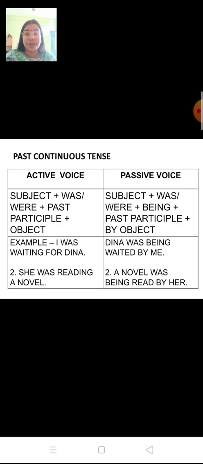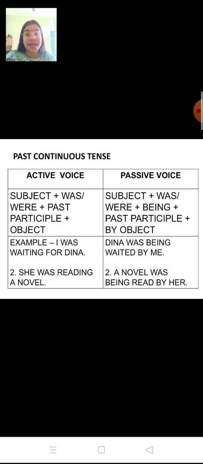The structure will be subject plus was or were plus being plus past participle plus by object. Now, Dinah is an object in active voice. This will become the subject in passive voice. So here you see Dinah is coming first. Then we will write was, plus being is also added here. Dinah was being waited by me.